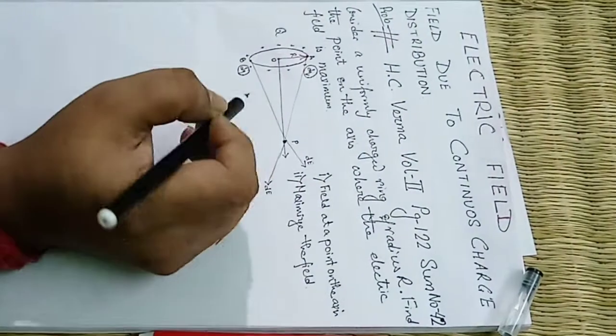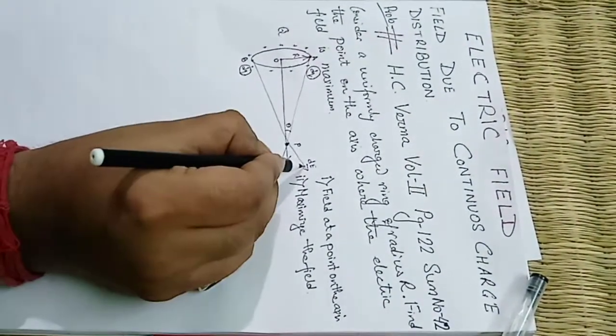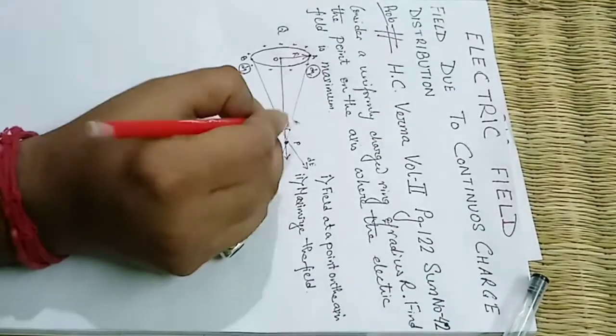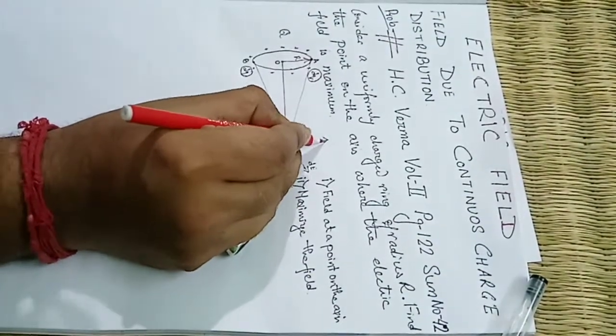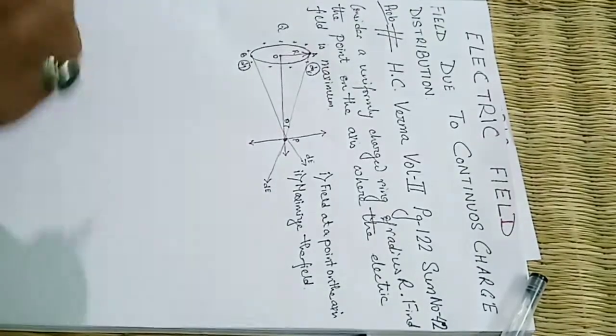How do we divide the component? If this angle be theta, this dE will have a vertical component like this, and this dE will also have a vertical component like this.